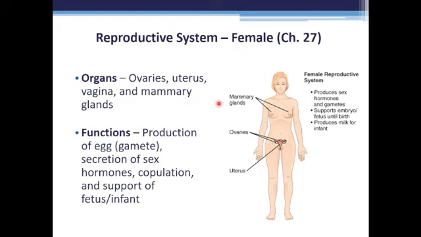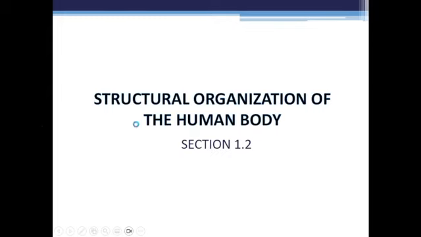Here we have the uterus, which supports the embryo or the fetus, and the mammary glands produce milk for the infant. You know, our body is very, very complex and very, very nice at the same time.